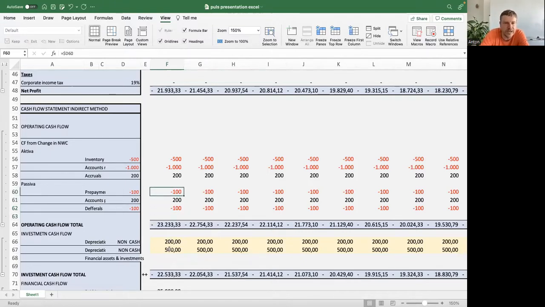And now your working capital, the sum of your working capital. You need to work with this. Assets give your use of cash, and your passive or liability side gives your source of cash. This is important for the cash flow statements because you need to pay for the inventory, you need to pay for the accounts receivable, and changes in those positions influence your cash position at the moment.